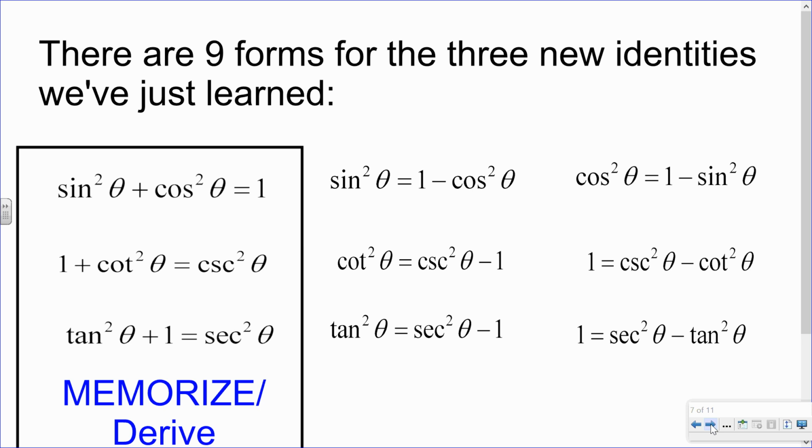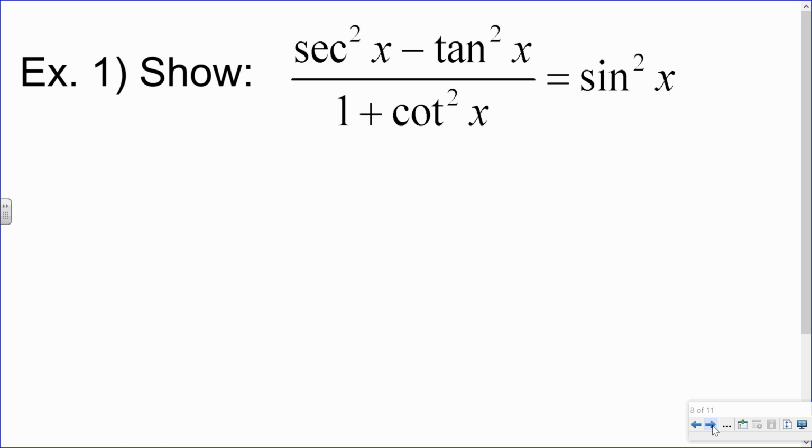We're going to go through 4 of these proving trig identity problems, and they're messier than the ones you've been able to do up to now, because now you have the Pythagorean trig identities that you can use, and you still have what you were using before with rewriting in terms of sine and cosine for the most part. So can we all agree that the left side of this one is the messier one?